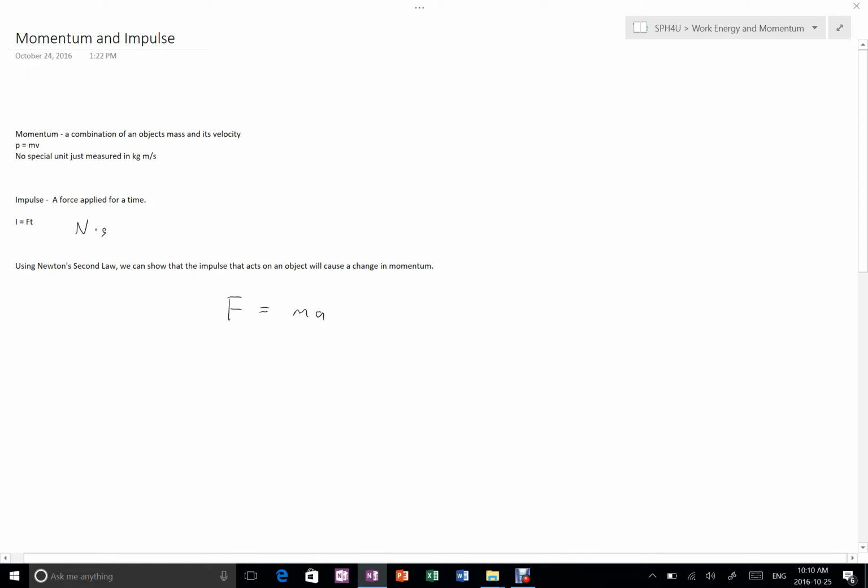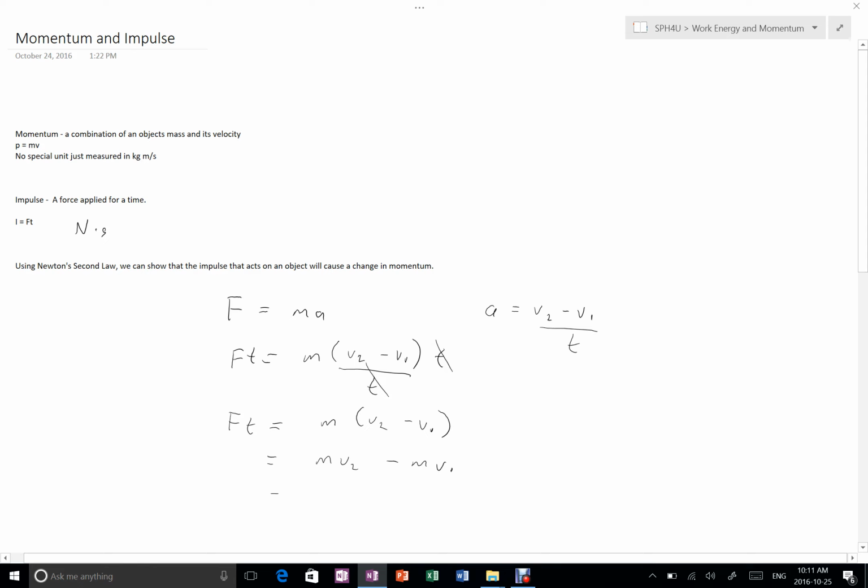Here, if I expand a to be (v2 minus v1) over t, or acceleration is equal to the change in velocity divided by time, and substitute that into Newton's second law, then I'm going to bring the t over to the left-hand side by multiplying both sides by t. And now I'm going to distribute the mass to both things.